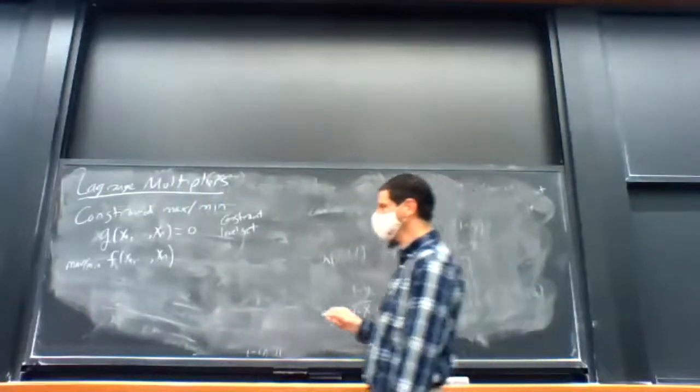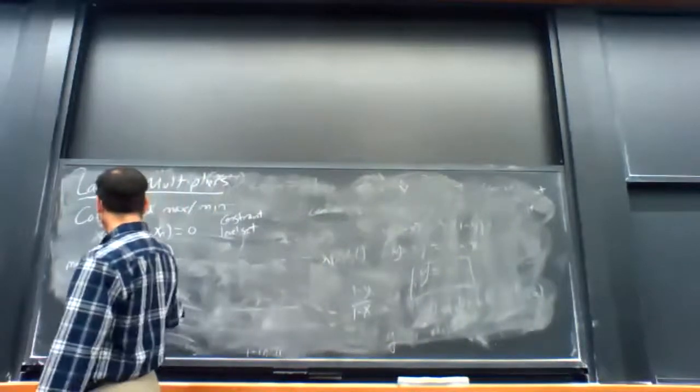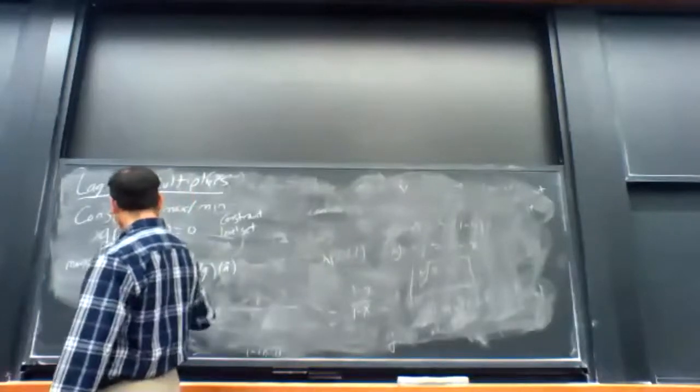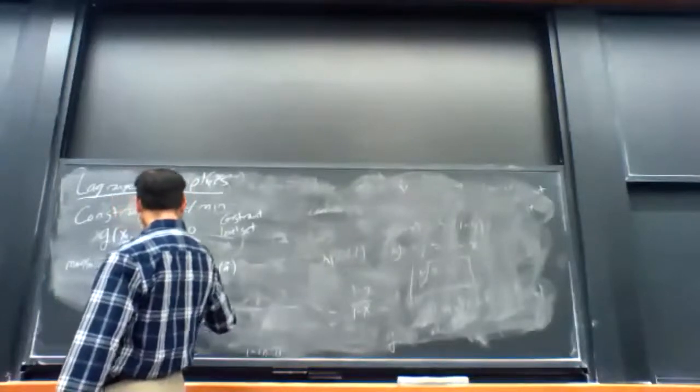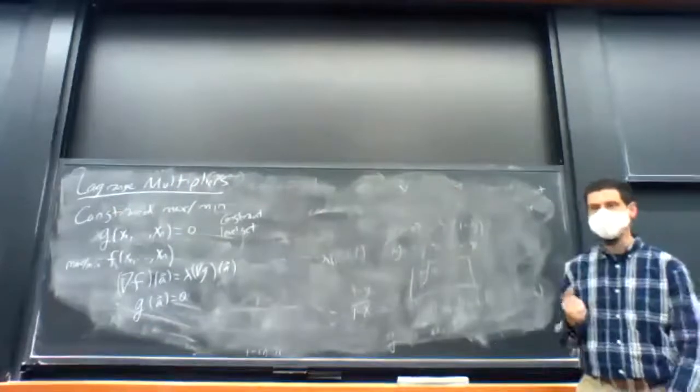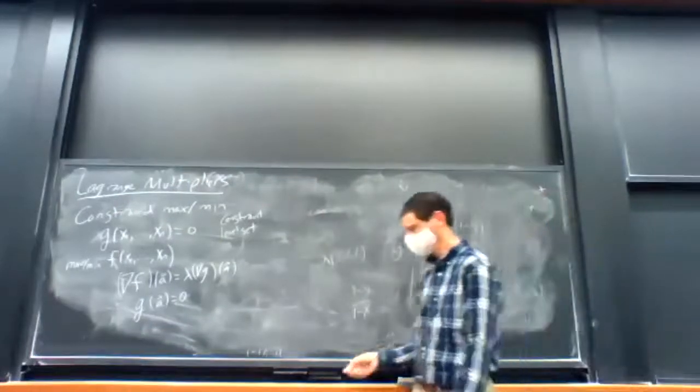And what Lagrange multipliers tells us is the gradient of f at some point A is equal to lambda times the gradient of g at that point A, and g of A equals 0. That's what's true at a candidate for a maximum or minimum.